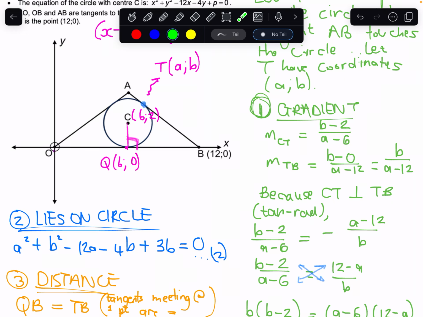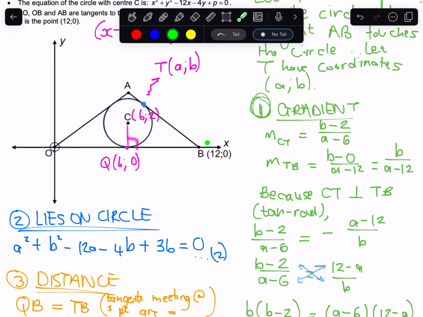So I mean, okay, I'm instinctively then looking at this one, but that gradient is undefined, so that is not, we don't have.